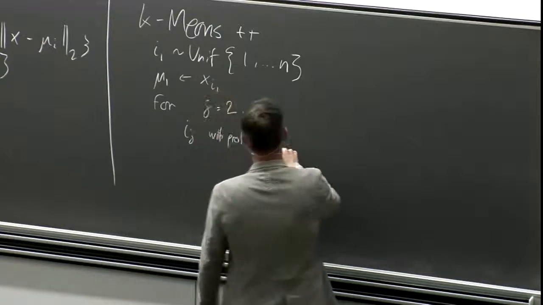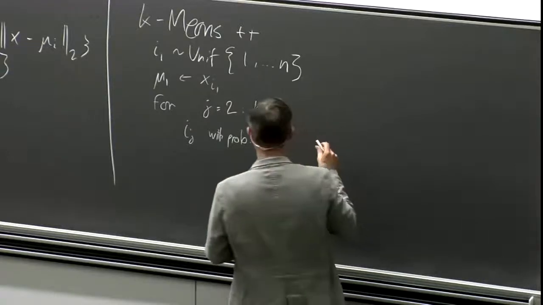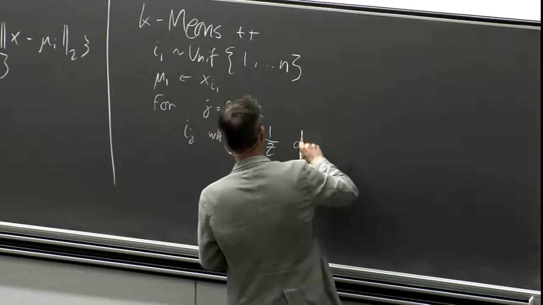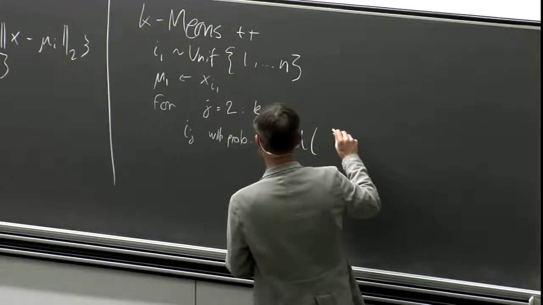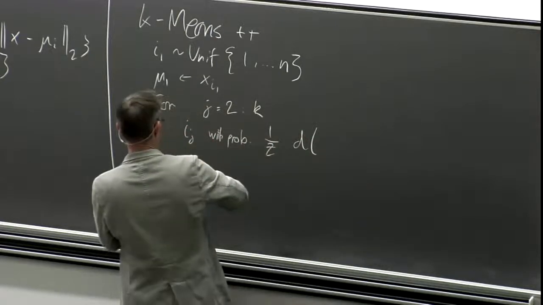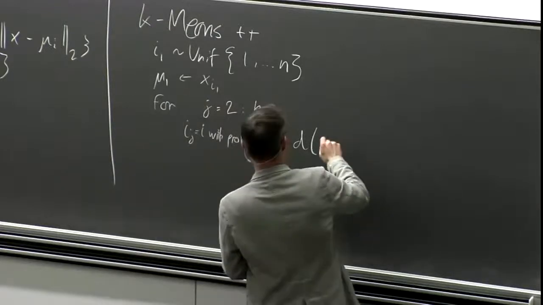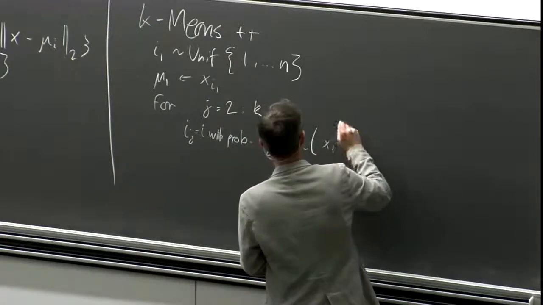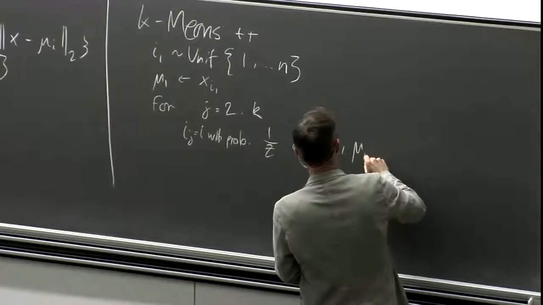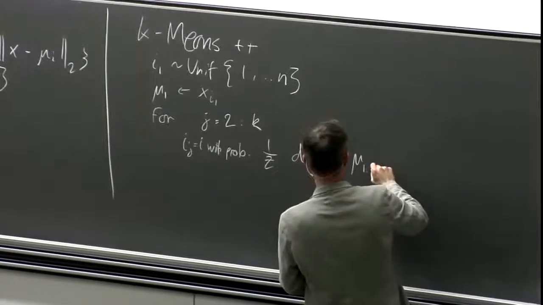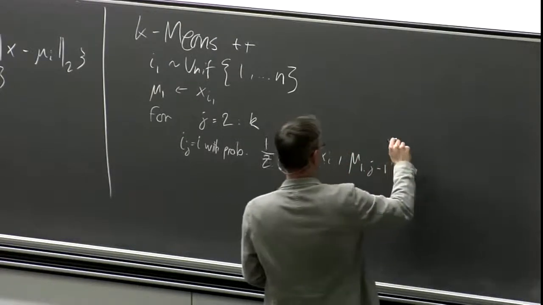We draw it with probability proportional to, there's a normalization constant here, but otherwise just the distance to the points that you've sampled so far, okay? So here, let me write d of x_i, the distance of this point x_i from centers mu1 up to mu_{j-1}. And so what is this distance squared, right?